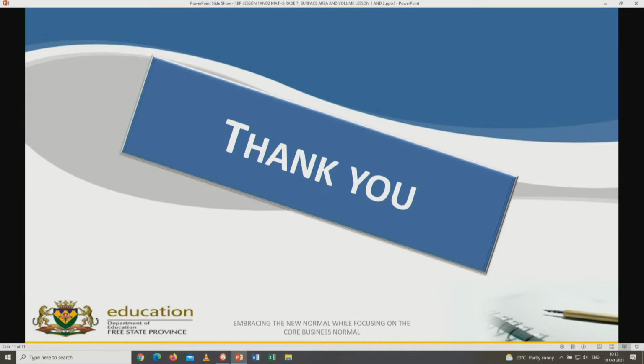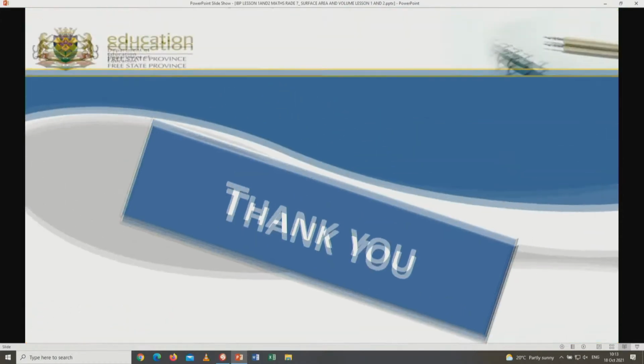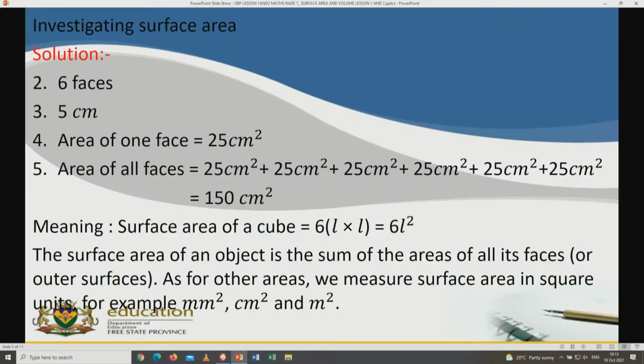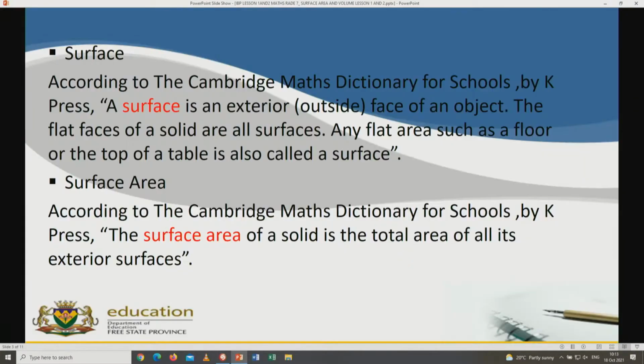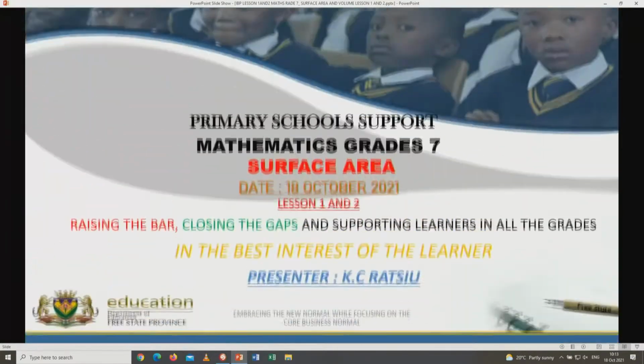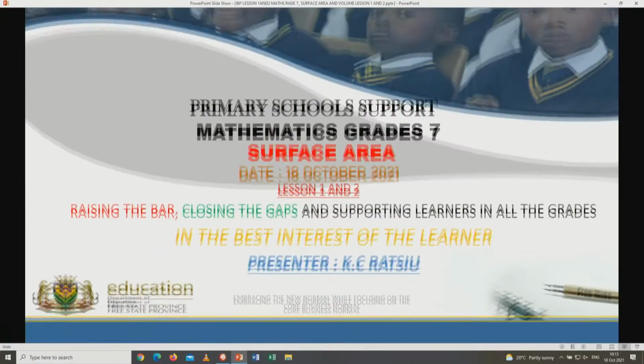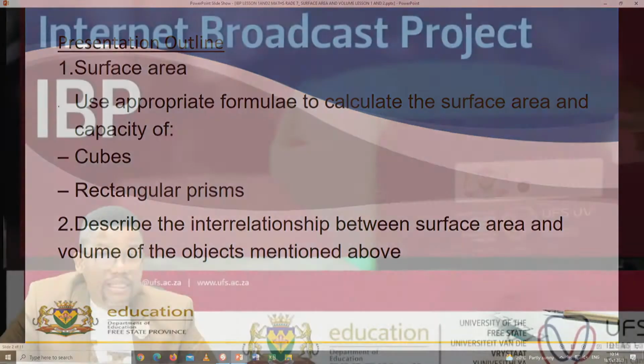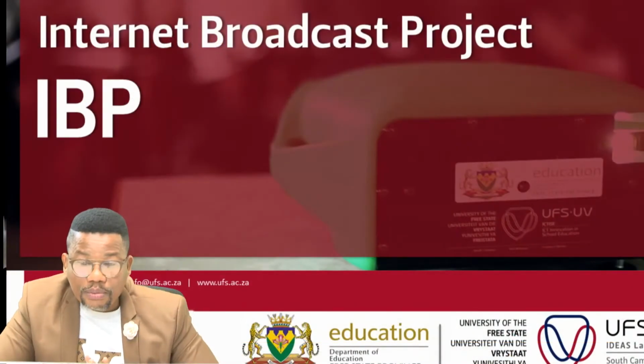That will be the end of the lesson that was focusing on the surface area of the cubes as well as the rectangular prisms. After a short break, we will be looking at the next lesson that will be focusing on the volume.